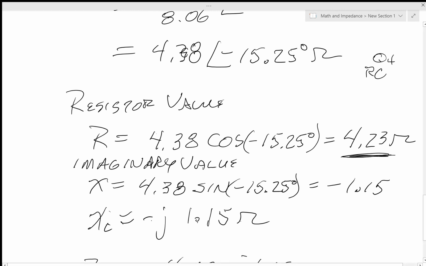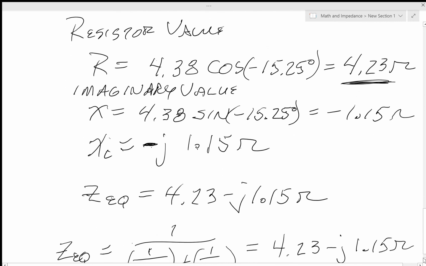Take the magnitude, multiply it by the sine of minus 15.25 degrees, and I get minus 1.15, not degrees, it's ohms actually. And it's negative, so it's down in the fourth quadrant, so it's going to be XC, so XC equals minus J1.15.